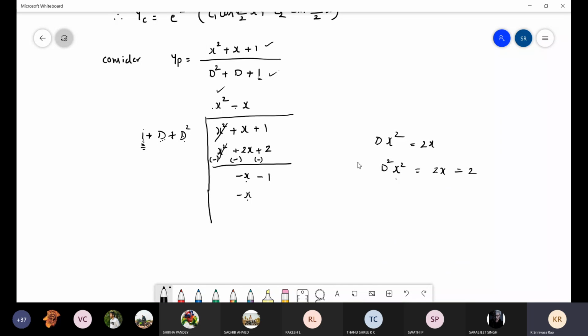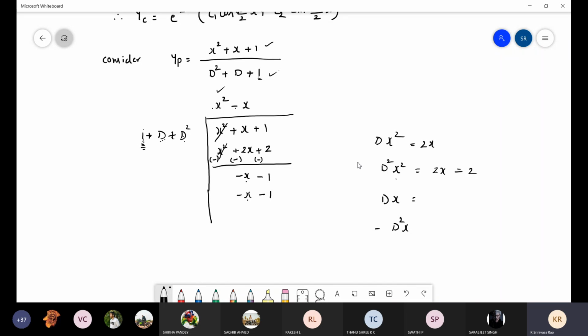Next, plus into minus is minus. What is the differentiation of x? 1. Again, plus into minus is minus. What is the double differentiation of x? 0. One time differentiation is 1, second time is 0.